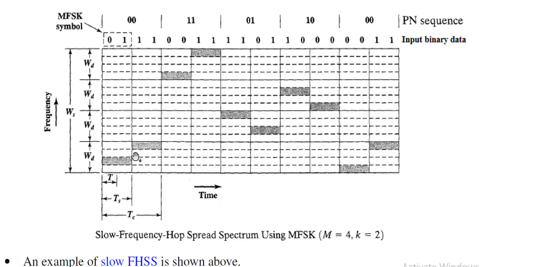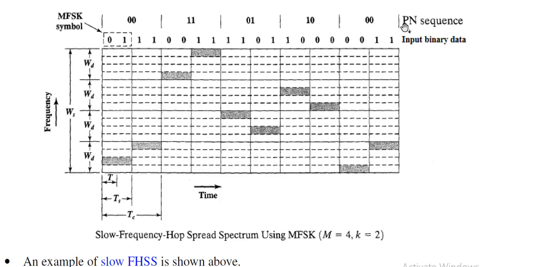This is enough. All right. Now we want to spread it, which means instead of using only this MFSK needed bandwidth, we want to spread it over a wider bandwidth, a wider frequency band. Why? In order to gain immunity. Let's see the example here.